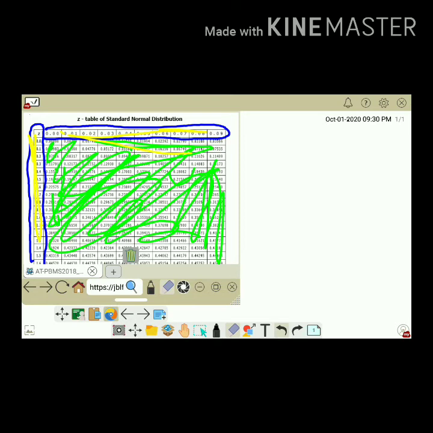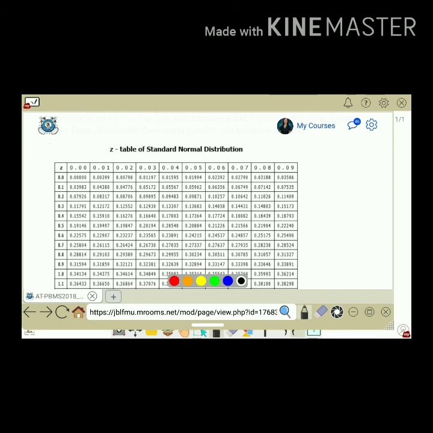Okay, so let's go back. We have here an example: z is equal to 1. First, if it is a whole number, express that into 3 digits, so that's going to be 1.00. Then, break this value into 2 parts: z is equal to 1.0 and z is equal to 0.00.